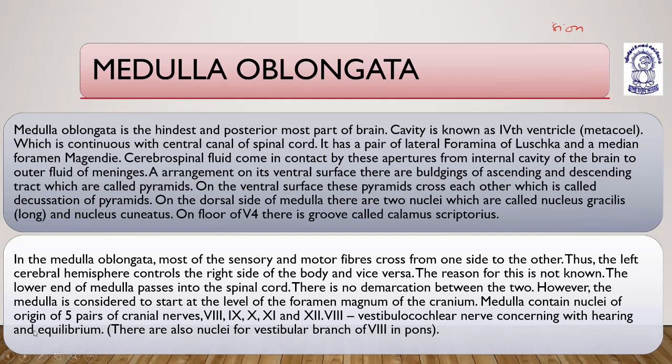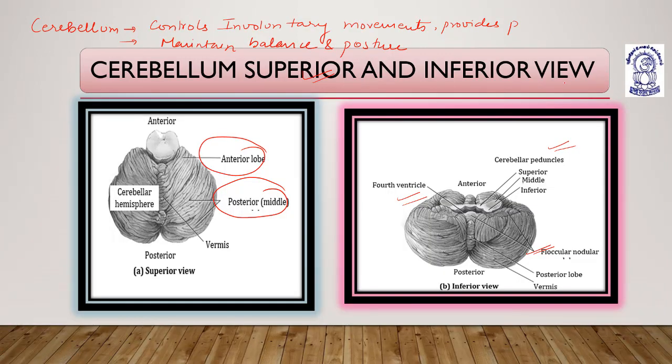It provides precision to voluntary movements. So voluntary movements are coordinated by cerebellum, but they are not controlled by cerebellum; they are under conscious control.